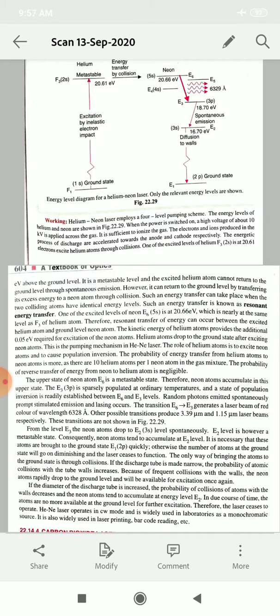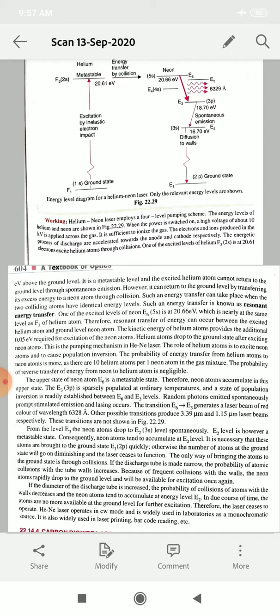One of the excited levels of neon, E6-5s, is at 20.66 electron volts, which is nearly the same as the F3 level of the helium atom. Therefore, resonant energy transfer can occur between the excited helium atoms and the ground level neon atoms.